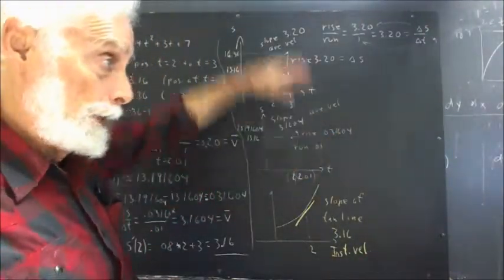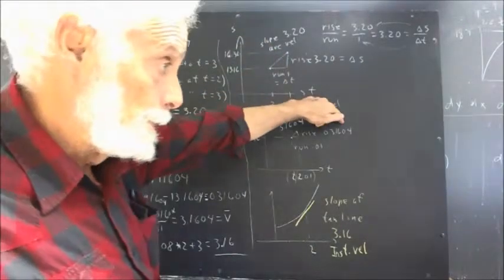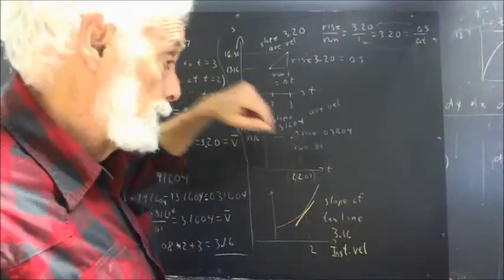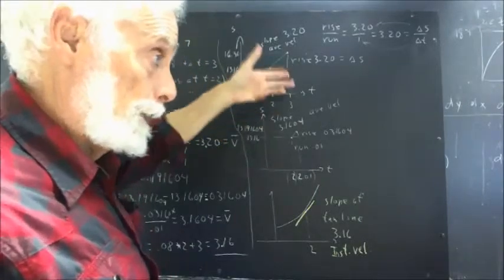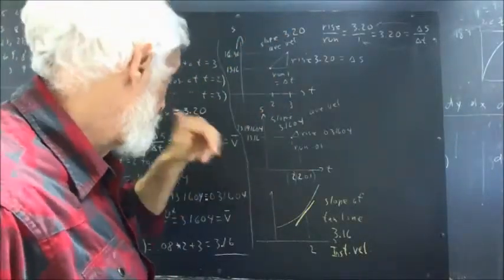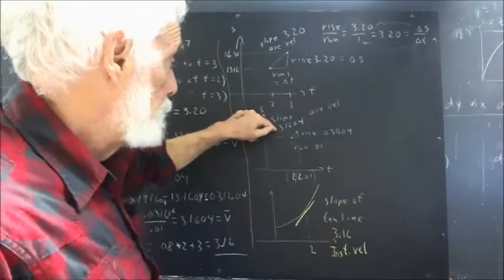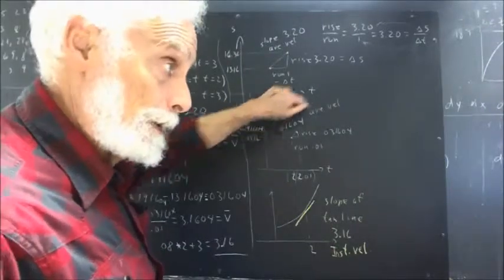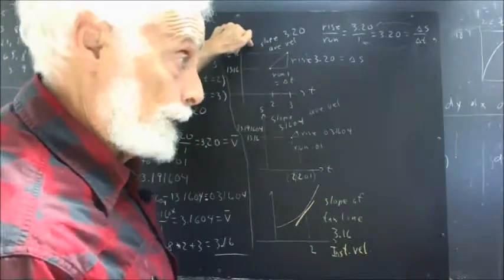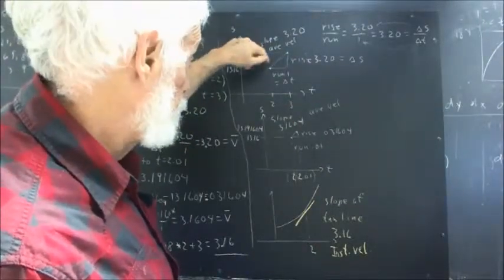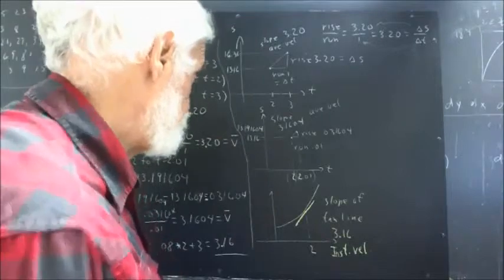The meanings are the same as they are up here. The rise represents change in position, the run represents change in clock time, so the rise divided by the run is the average rate of change of position with respect to clock time. That's your slope, a representation of your average velocity, as this was a representation of the average velocity on this bigger interval.